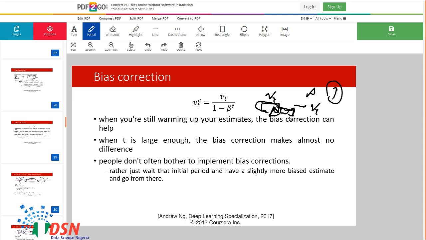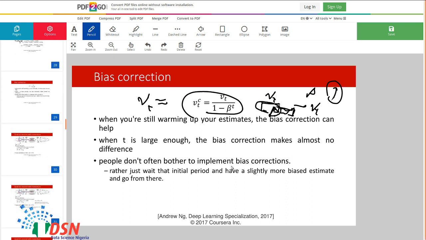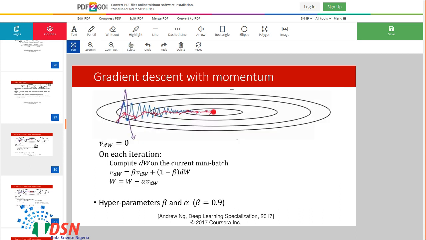So in the next iterations you could approximate this with just v of t, so it just affects the first iterations, which is what we want. But as mentioned here, sometimes it is not implemented by the frameworks, because it just delays the training for some iterations, which could be negligible.